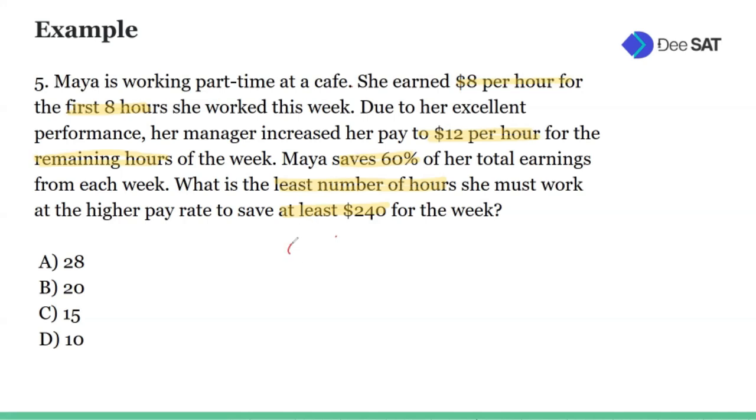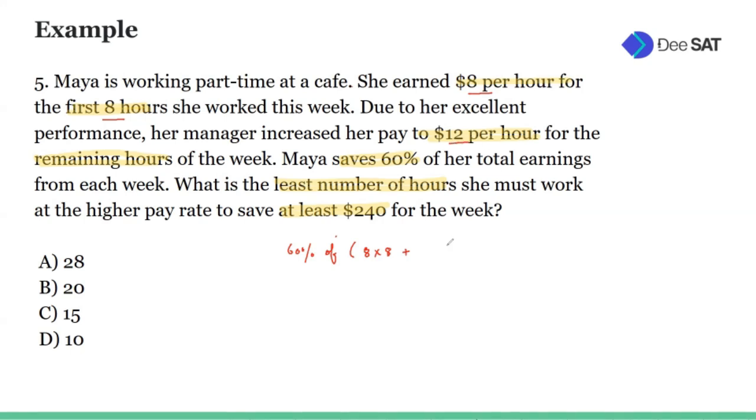So we know that 60% of the total value that she'll be earning. If we talk about the very first case, $8 per hour for the first 8 hours, that means the value that she'll be earning is 8 times 8. Plus, for extra hours, she'll be getting 12 per hour for the remaining hours.